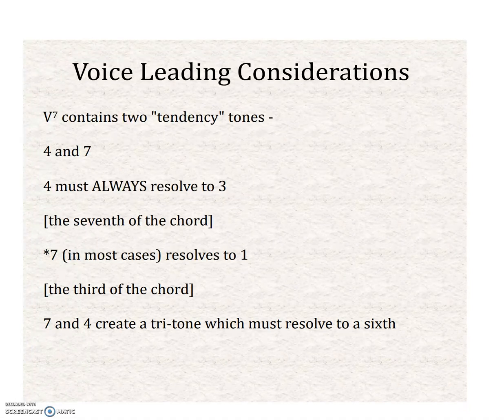Scale degree 4, which is the 7th of the chord, must always resolve down to 3. Scale degree 7, which is the 3rd of the chord, in most cases resolves to 1. 7 and 4 create a tritone, and it has to resolve.